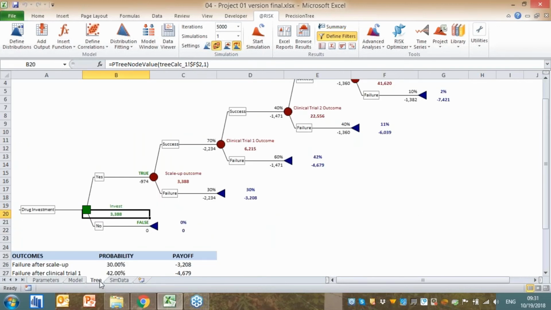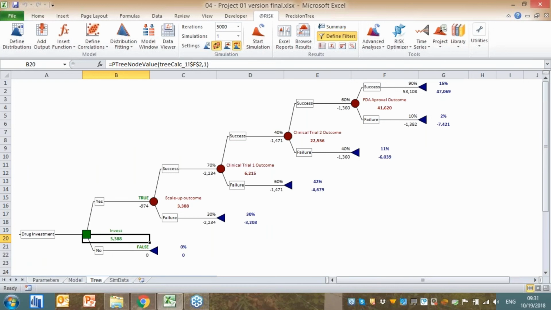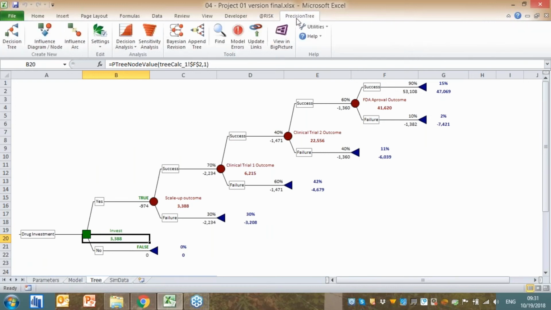So if I were to go to a tree that has previously been built with PrecisionTree, which is the other tool parallel to @RISK that allows us to build these trees, see what happens on this tree. Trees such as this one allow you to interact with decisions such as these green squares over here and chances or probabilities, which are these red circular nodes. In other words, you make a decision here up front, and the decision is whether to invest or not.